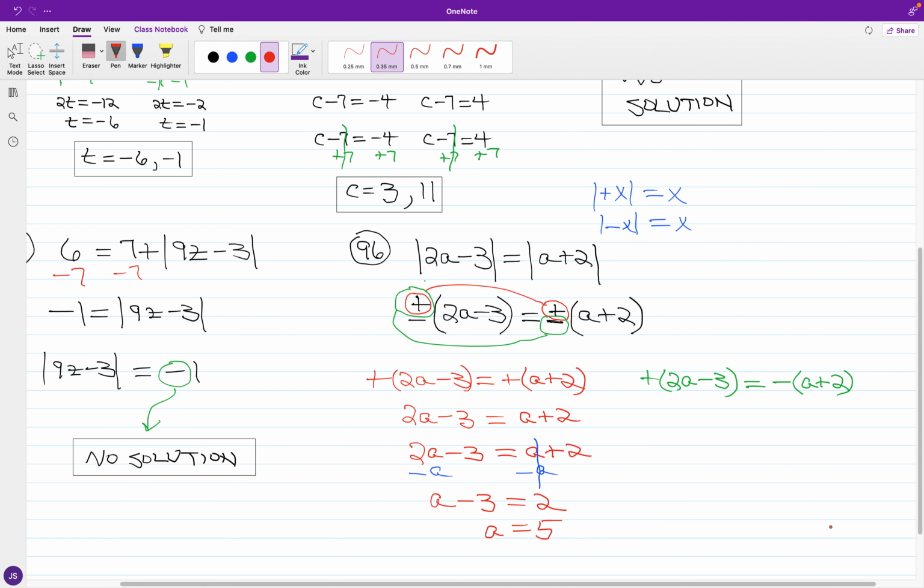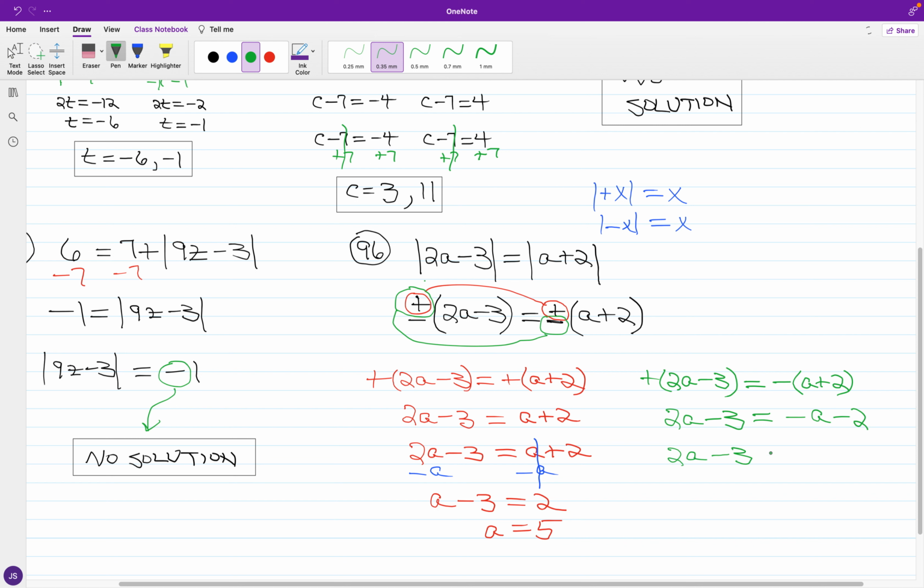Okay. And for setting up the other equation, I got 2a minus 3. And if I set it equal to the opposite sign of a plus 2, we have negative a minus 2.